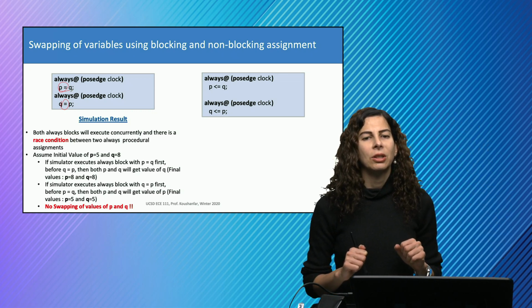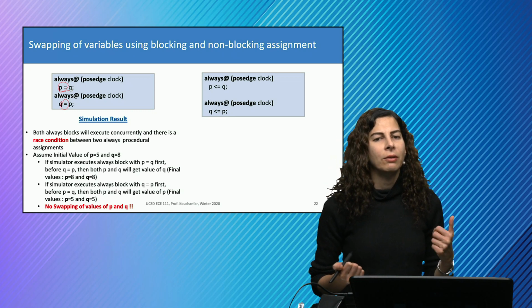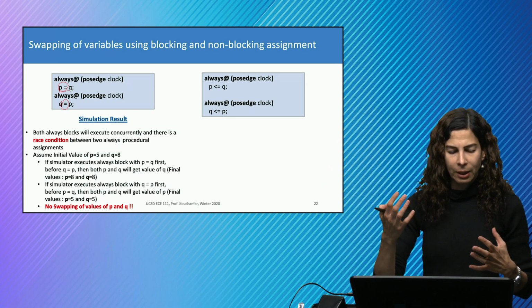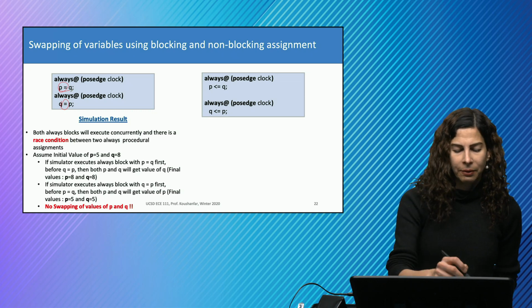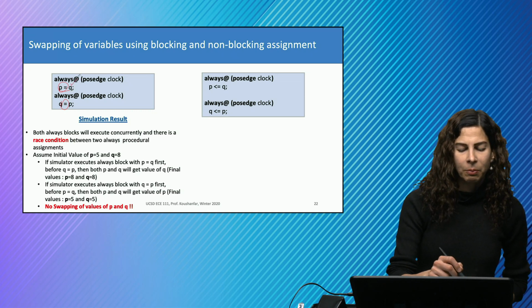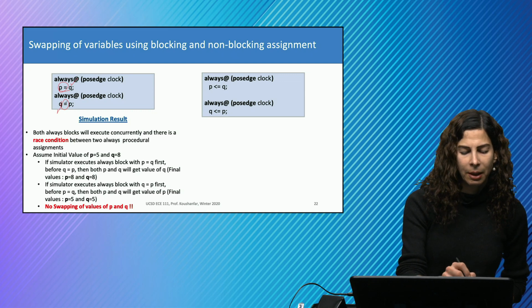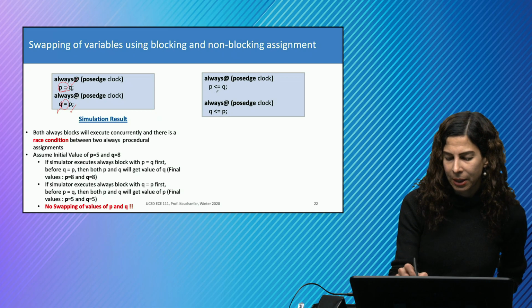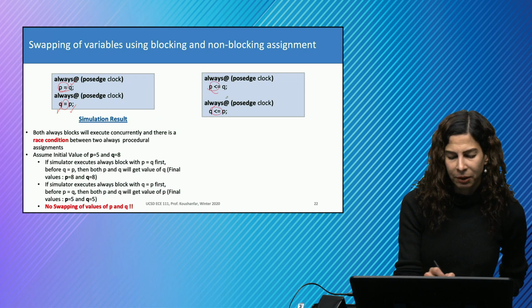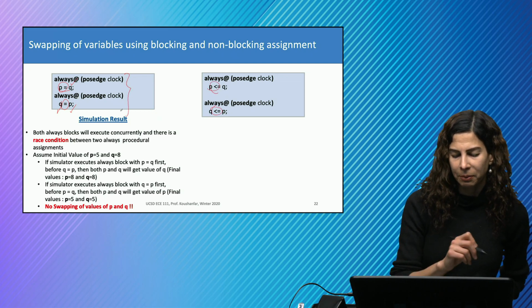The race condition is because we're giving the output, in this case P, the value that we see in the input of the flip-flop, at the same time we are trying to do this. So unless we use a non-blocking assignment, we will get this race condition with this type of code.